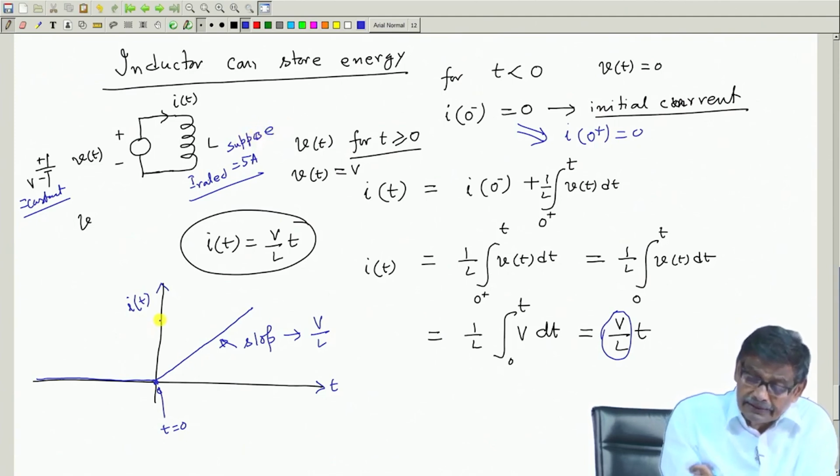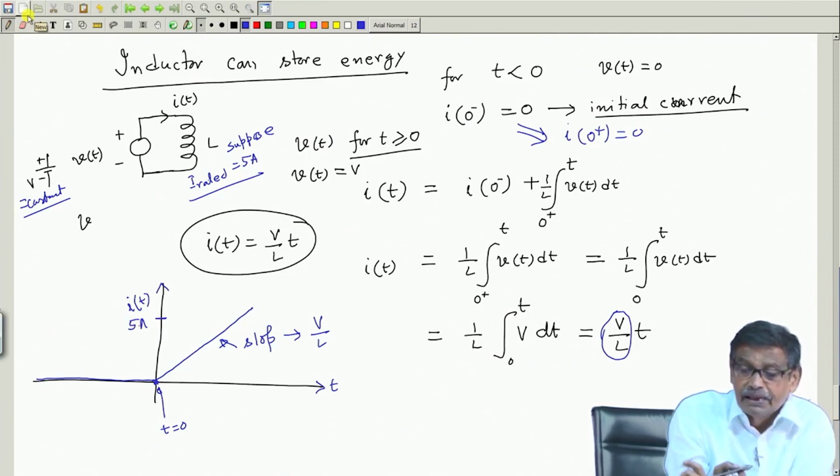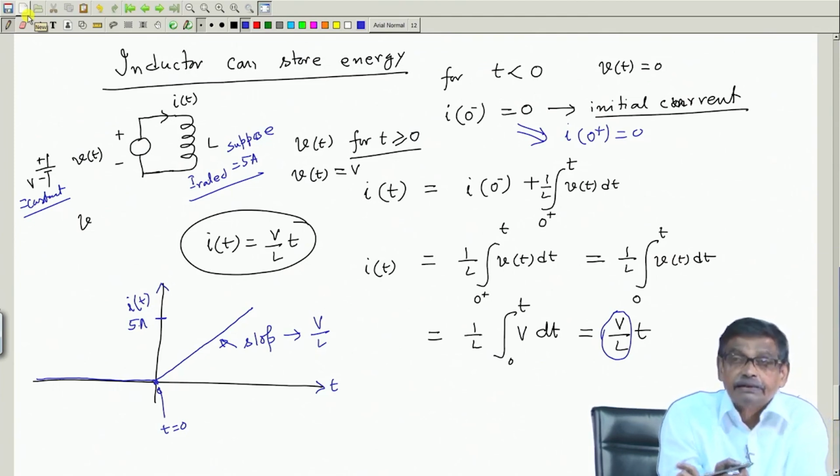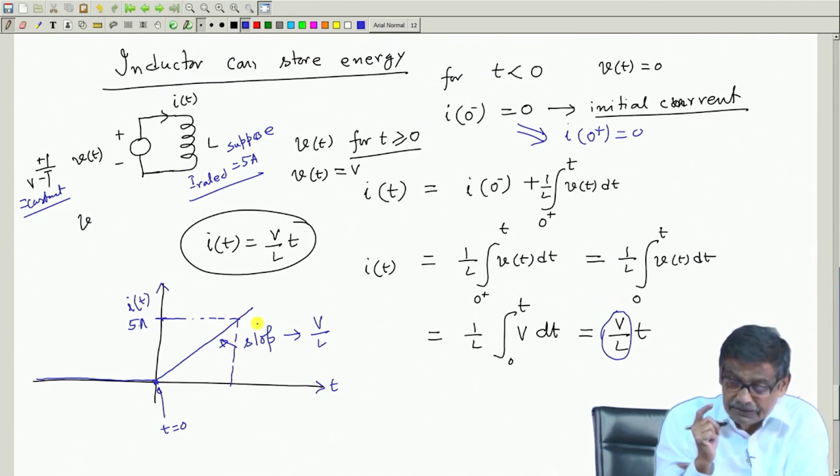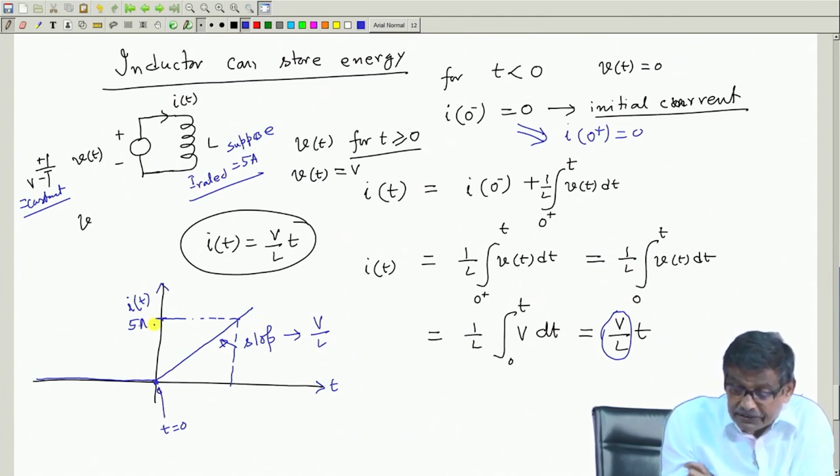And here is this 5 ampere mark. Then I will say, okay, if you apply a constant battery voltage across an inductor, and this is the time axis, you can apply safely that voltage up to a definite time.